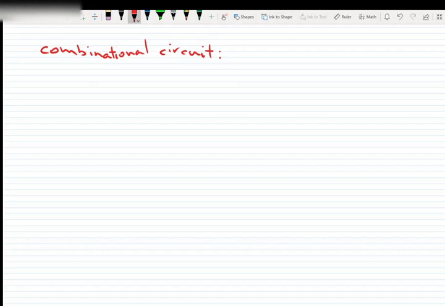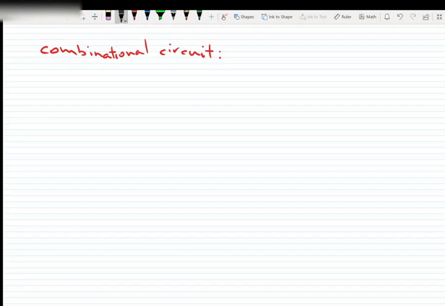The combinational circuit is a circuit that, in order to determine the output, we don't need to know a previous value of the output. So no previous value of variables is needed to know what the output of f is.